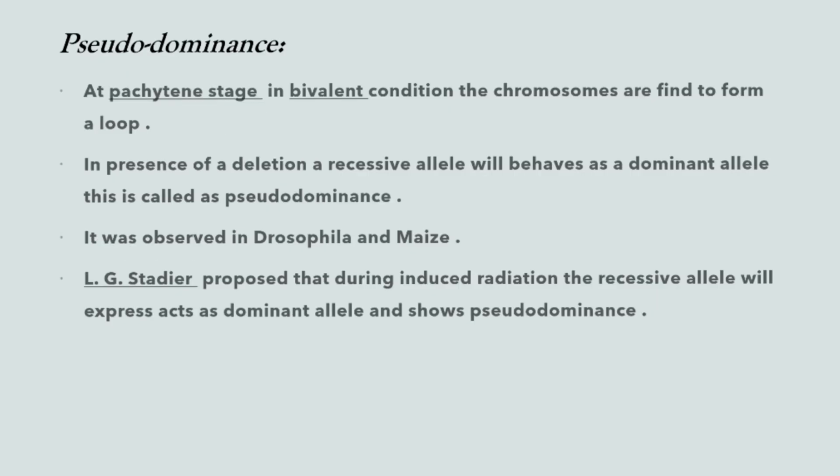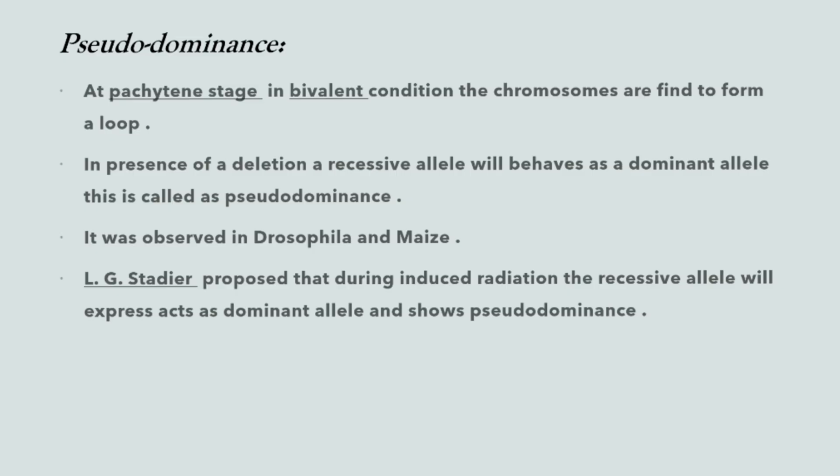Then pseudodominance. At pachytene stage in bivalent condition, the chromosomes pair to form a loop. In presence of a deletion, a recessive allele will behave as a dominant allele.